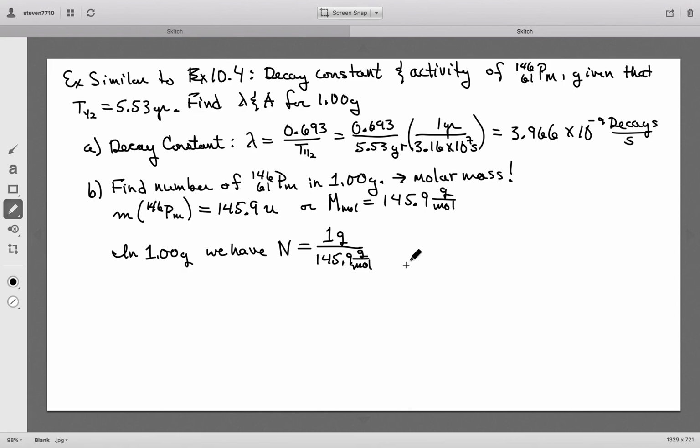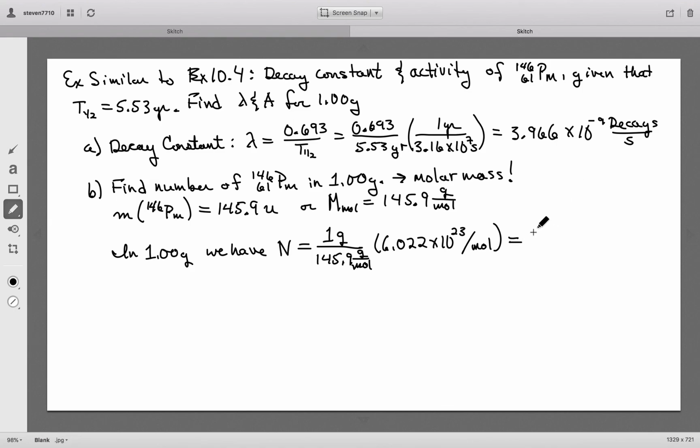So 1 over 145.9 moles, right? 145.9th of a mole. And if you take that and you multiply by Avogadro's number, right? 6.022 times 10 to the 23rd number of them per mole. And you can see here grams over grams per mole becomes mole. How many moles? Well, 1 over 145.9. Multiply that by the number of atoms per mole, and you get the actual number of atoms.